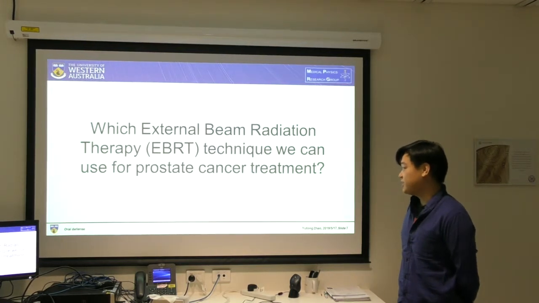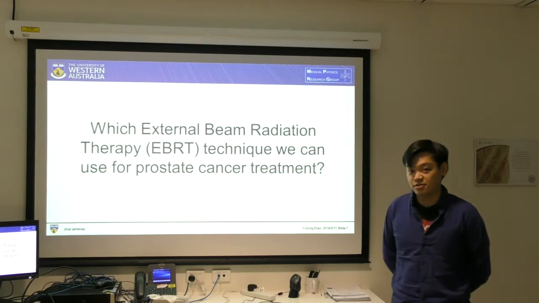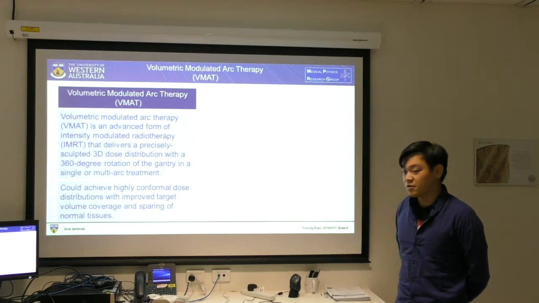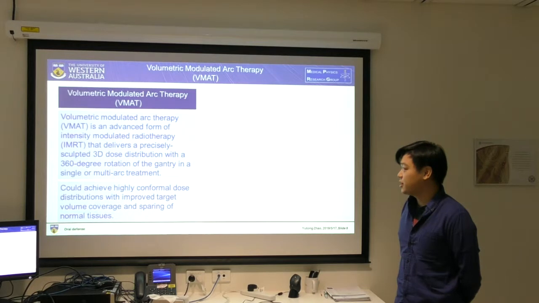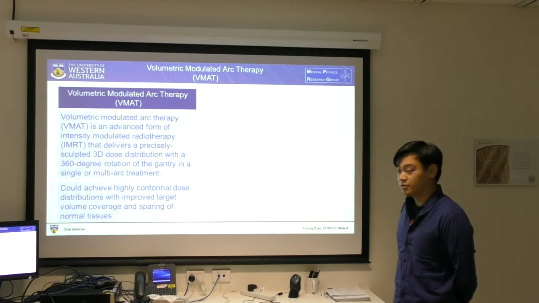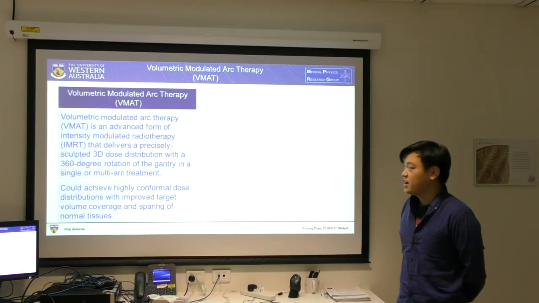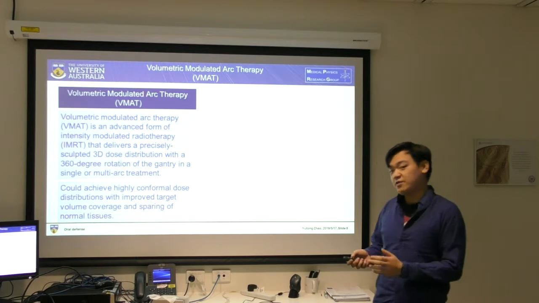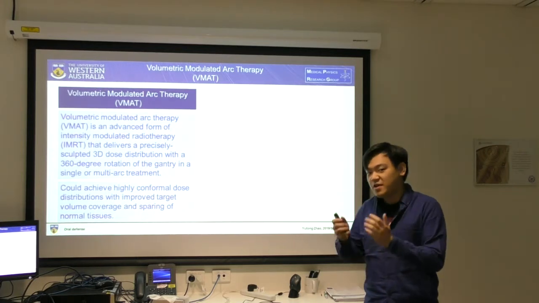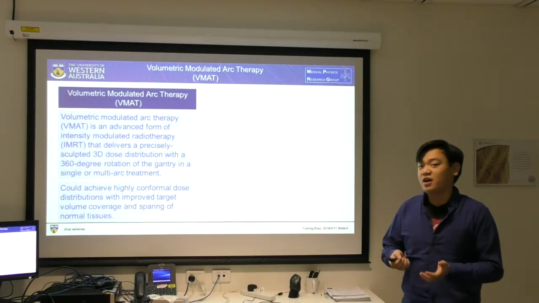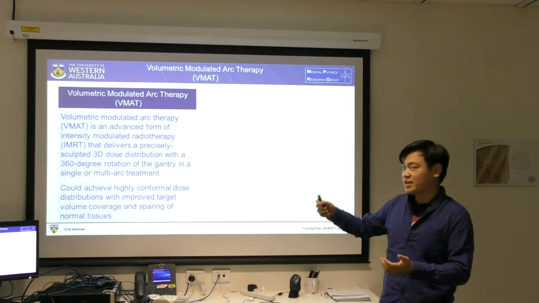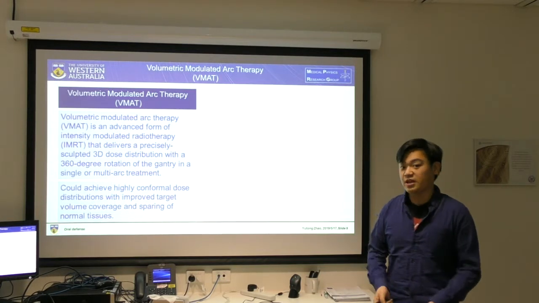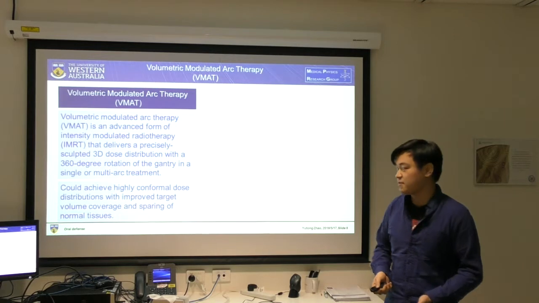Which EBRT technique can we use for prostate cancer treatment? The first one is VMAT, the volumetric modulated arc therapy. VMAT is an advanced form of intensity modulated radiotherapy, which is IMRT. The biggest difference between VMAT and IMRT is that VMAT has the ability to achieve 360-degree rotation while delivering radiation dose to the patients.